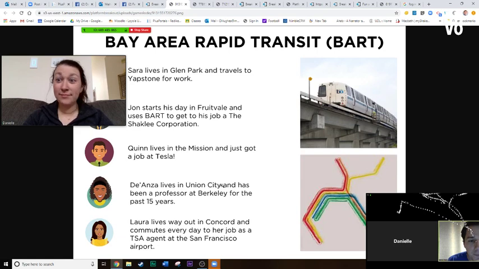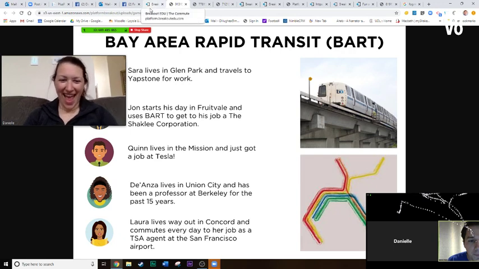Good job, Quinn. Working for Mr. Musk. Dianza lives in Union City and has been a professor at Berkeley for 15 years. Go Dianza. And Laura lives way out in Concord and commutes every day to her job as a TSA agent at the San Francisco airport, probably because she can't afford to live in the city. That's right, I'm calling you out, San Francisco.